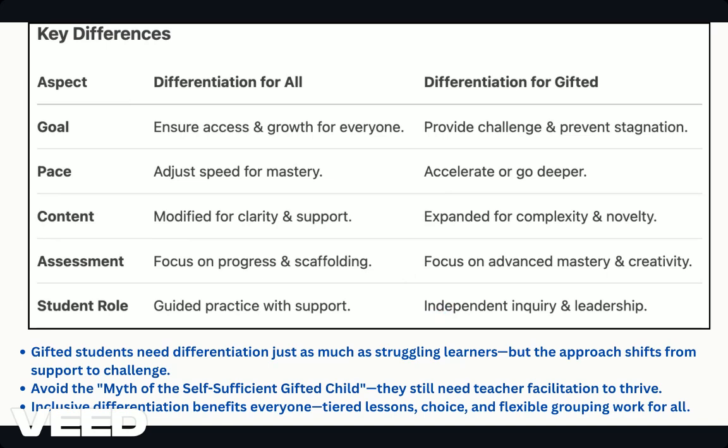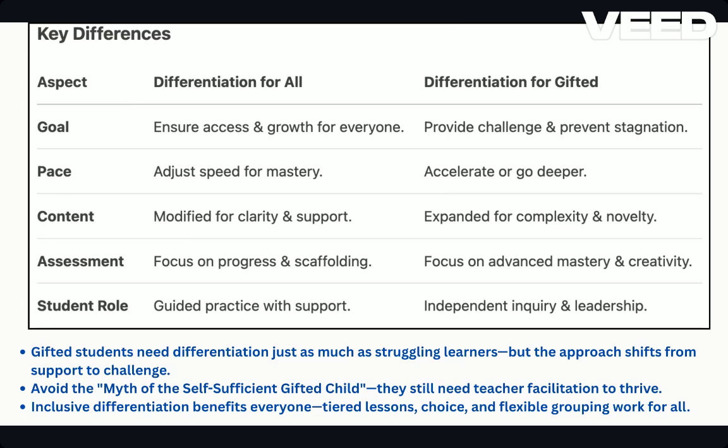So gifted students need differentiation just as much as the struggling students or other learners in our classrooms. But the approach shifts from support to challenge. Avoid the myth that the gifted child is self-sufficient and does not need the support of a teacher or mentor; they still need teacher facilitation to thrive.